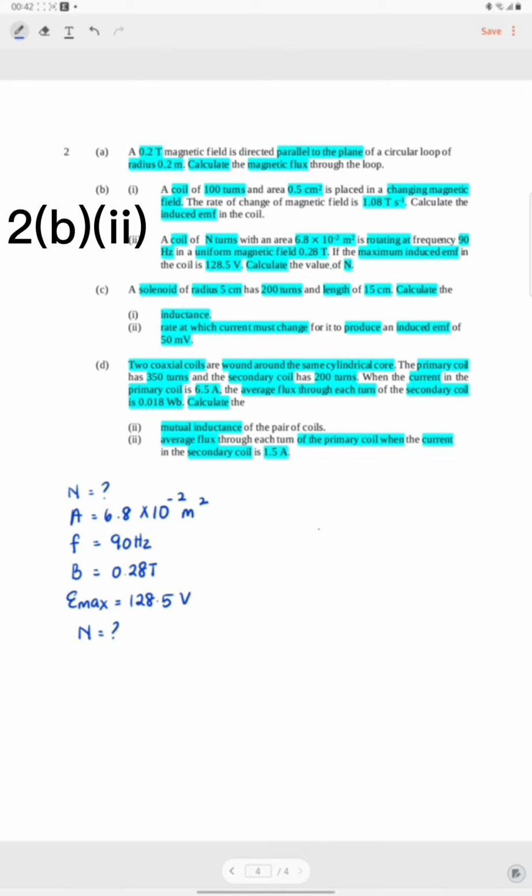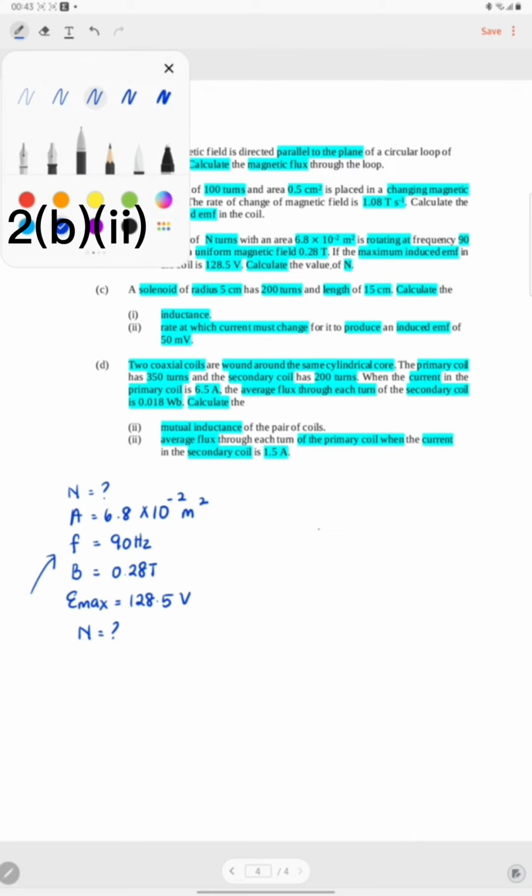We are given the area, the uniform magnetic field and the magnitude of maximum induced EMF. The question asks us to calculate the number of turns. Here I have listed all the information that we have: the area, frequency, magnetic field, and induced EMF.